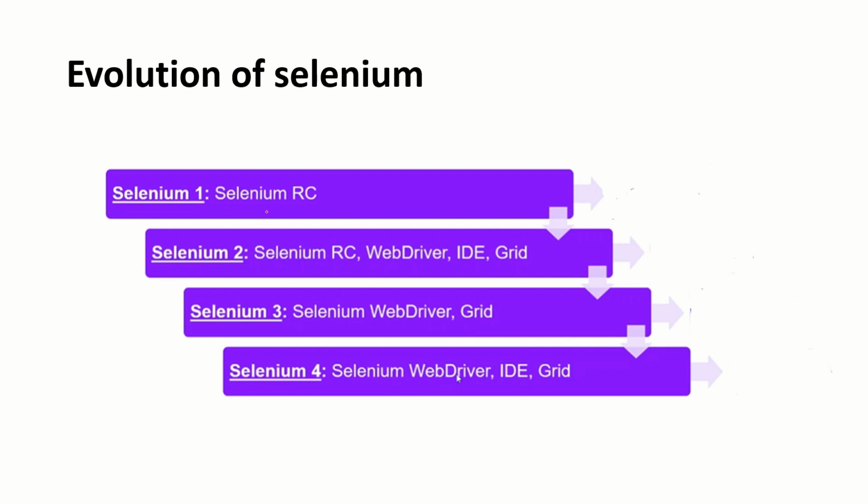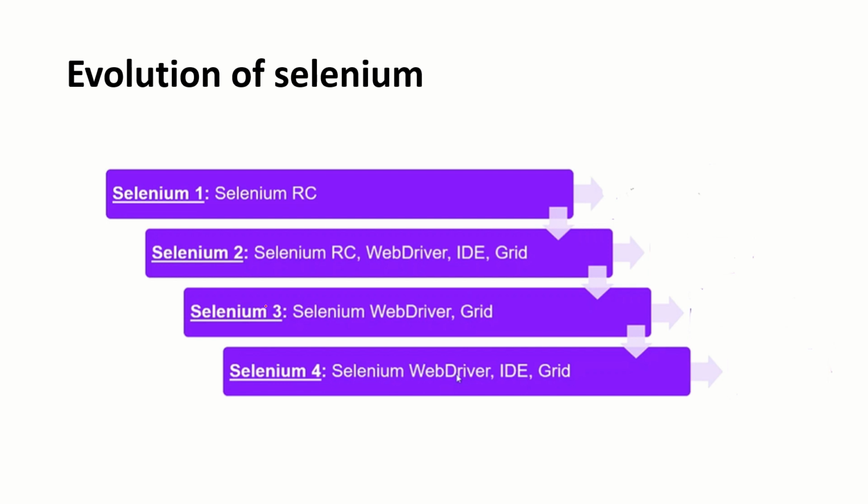Selenium 1 was initially introduced in the year 2006 by a person called Jason Huggins. Later on, it evolved into different libraries like WebDriver, Grid, and then IDE came into the picture. There were some limitations in the Selenium tool.